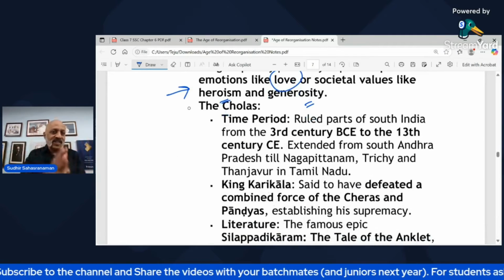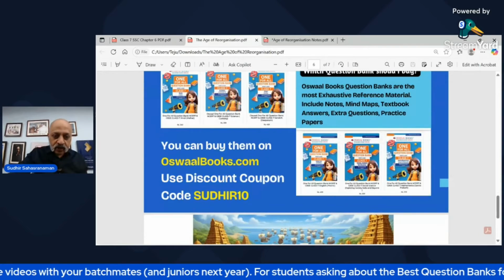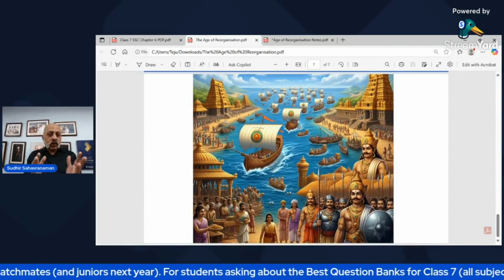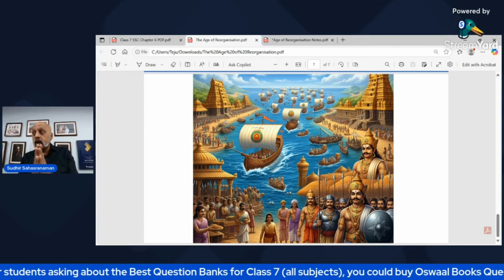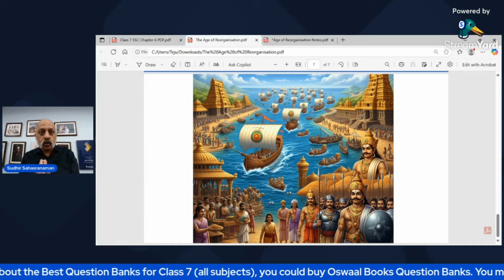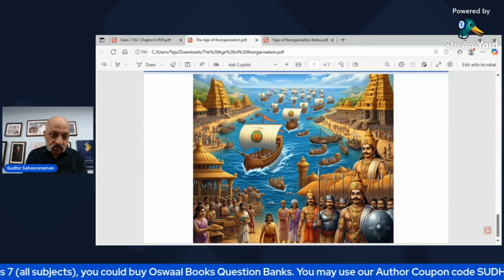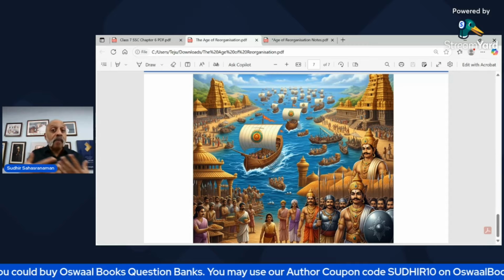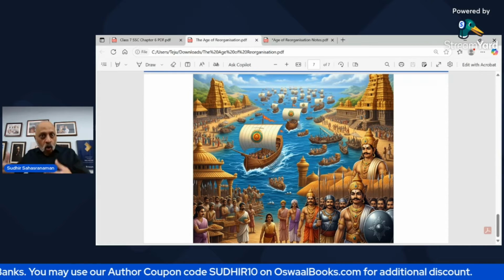What about the Cholas? Let's look at the Cholas first. Before that, I want to show you this particular illustration, which gives you an idea. If you go to a place called Tanjavur in Tamil Nadu, you will find magnificent temples built by the Cholas, right? They focused a lot on maritime trade, that is the sea routes, the trade routes, and on wars.